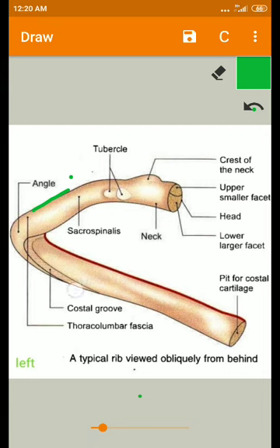Now the inferior border is a sharp border, and it forms the lower margin of the costal groove, which gives origin to the external intercostal muscle.